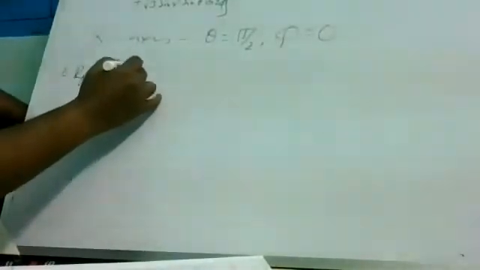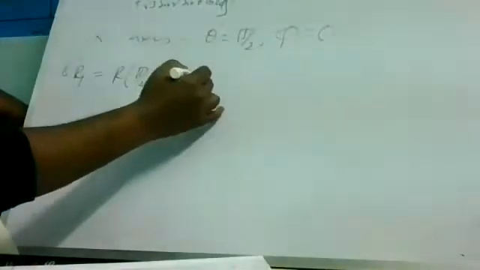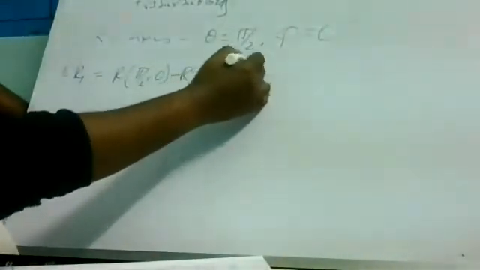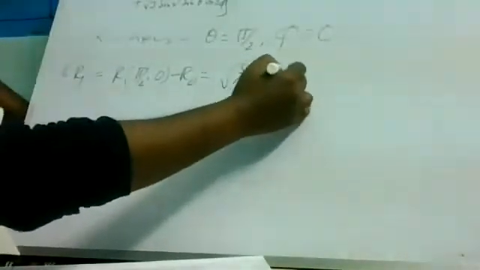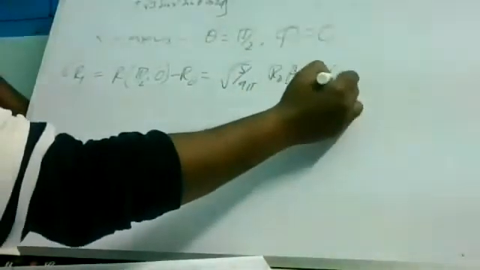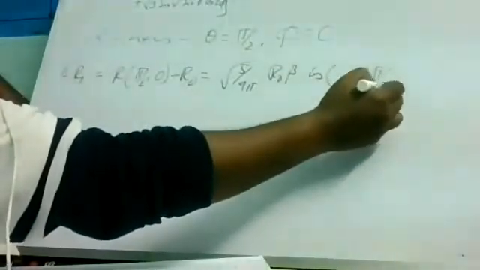So delta R1 would be R(pi by 2, 0) minus R0, which equals root over 5 by 4 pi R0 beta cos gamma minus 2 pi by 3.